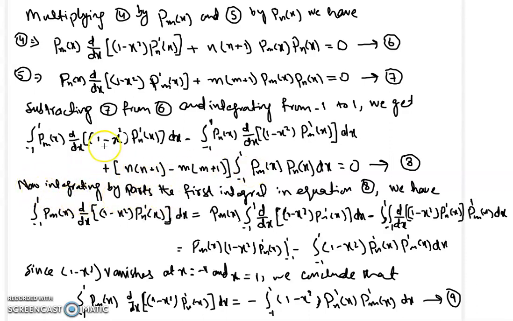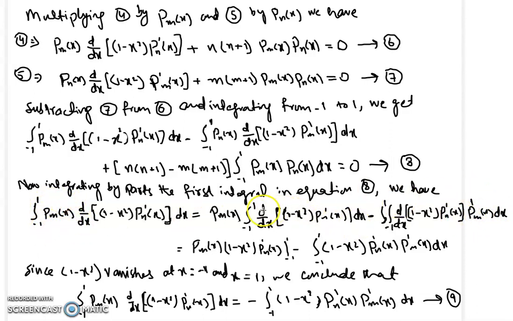Integrating by parts, we will evaluate the first integral in equation 8. This is the first integral and this is the second. While using integration by parts, this is the first term and the integral of the second, like this one, minus the integral of the second term and the derivative of the first, which is Pm dash.